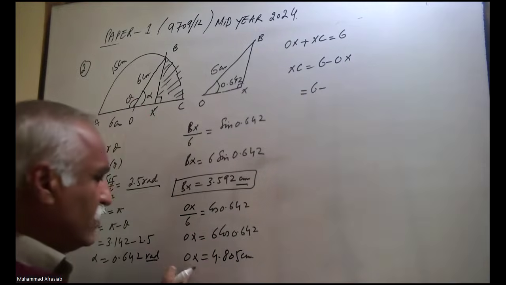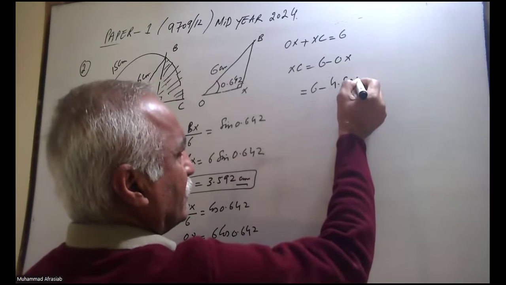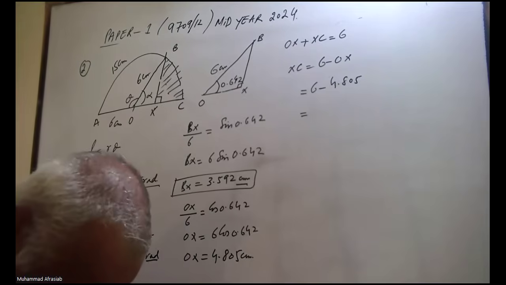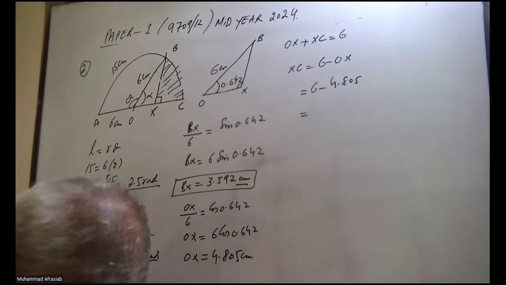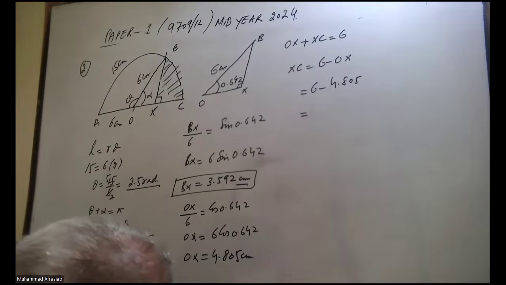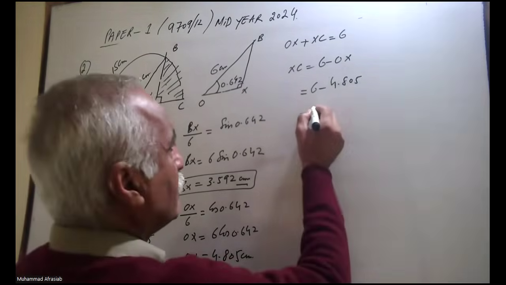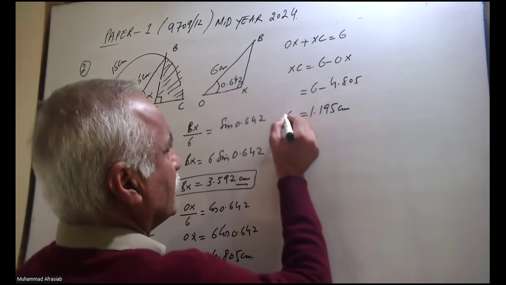The OX value is 4.805, so that value is equal to 1.194. This is XC.